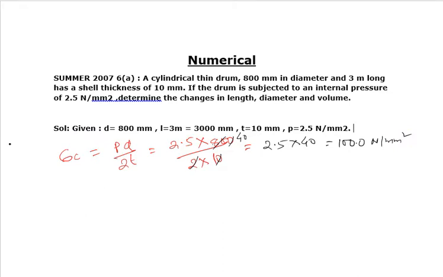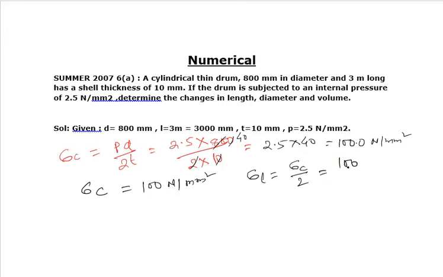Now, so we got the value of circumferential stress, that is 100 Newton per square, correct? Now we know that the longitudinal stress, from the relation between longitudinal stress and hoop stress or circumferential stress, is half of the hoop stress.